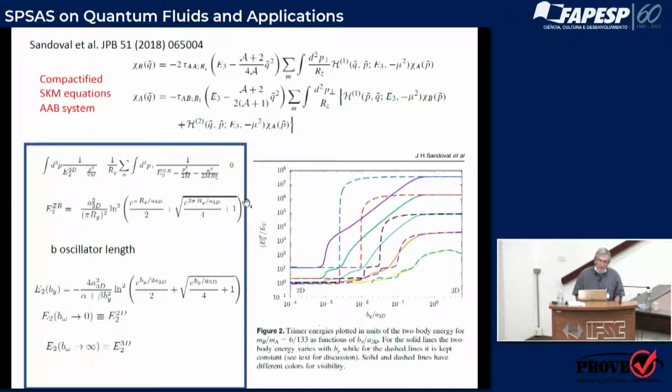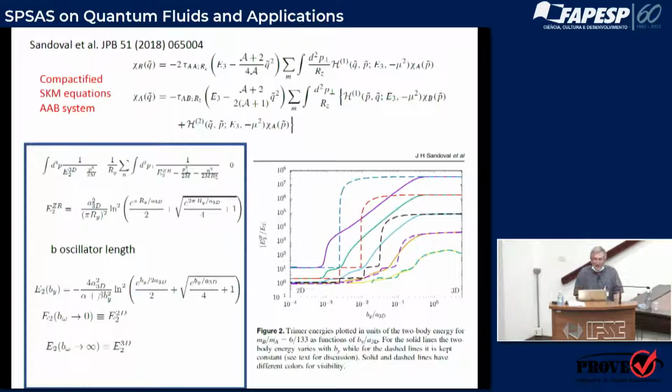And there is one interesting thing that we checked. If we put a harmonic oscillator in one direction and squeeze a two-body system with a given dimer energy, we are able to parameterize the two-body energy, because when you squeeze, what happens is that the dimer energy increases like crazy. For the zero-range potential it tends towards infinity, but this makes no sense.